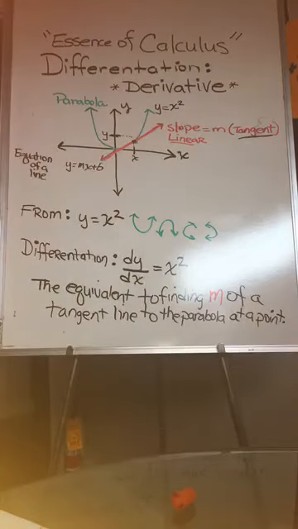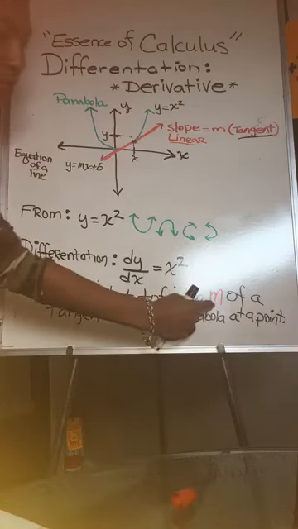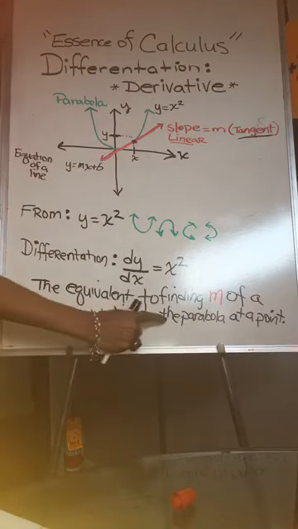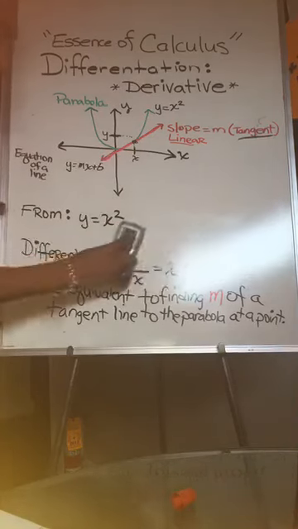Very important definition. So I wrote it out so you can have it in your notes. The equivalent to finding the slope, here's our slope m, of a tangent line to the parabola at a point. Okay, so that's what differentiation represents. All right, so let's erase this.